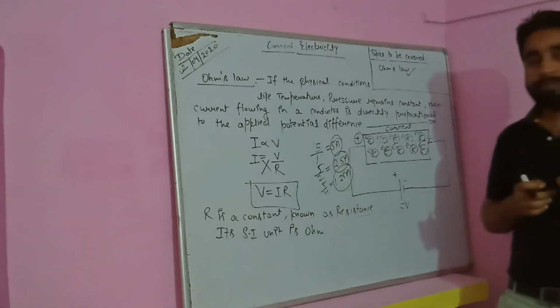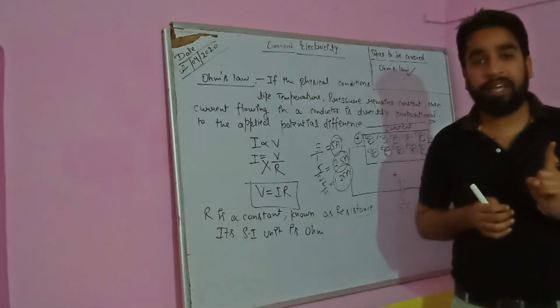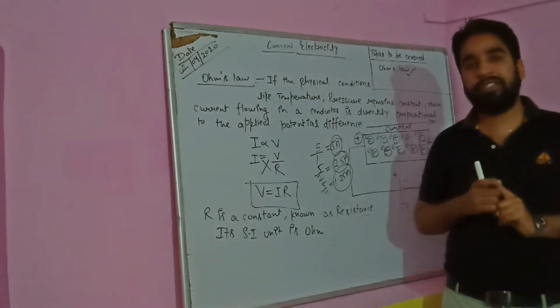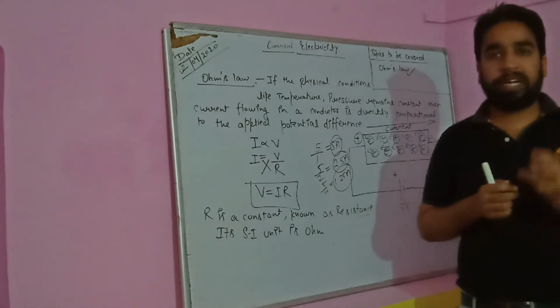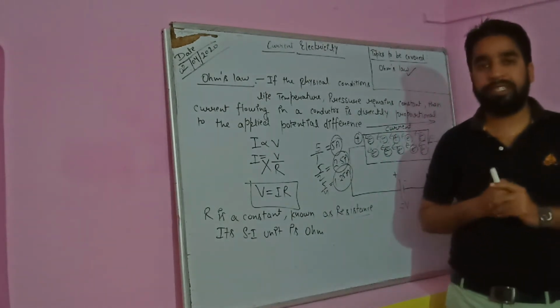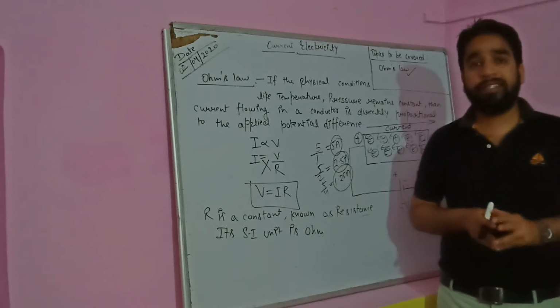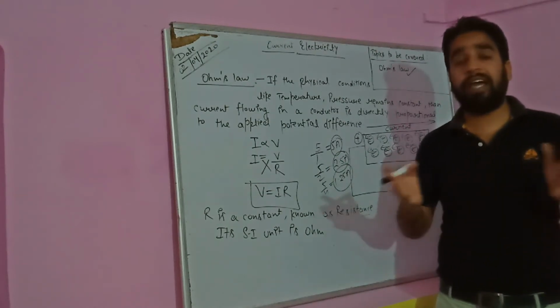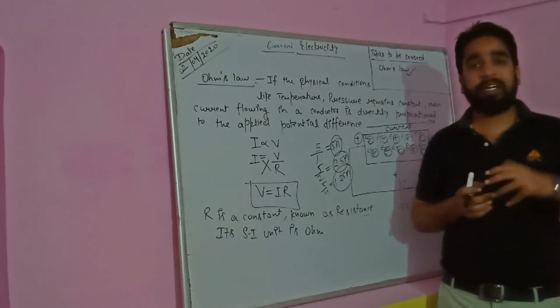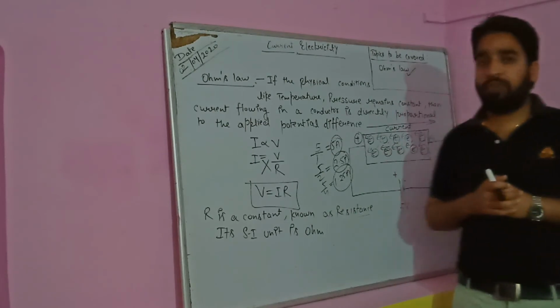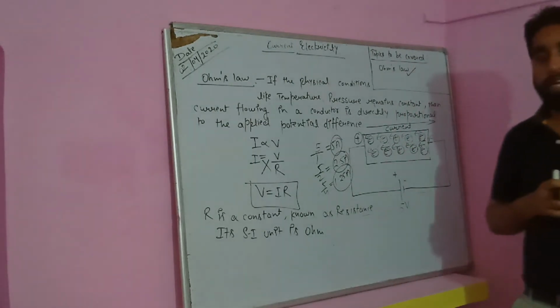So do conductors have less resistance or high resistance? You have to answer. Conductors have very little resistance. Semiconductors have reasonable resistance. And insulators offer a very high resistance. That is why it becomes very difficult to flow the charge or the current.